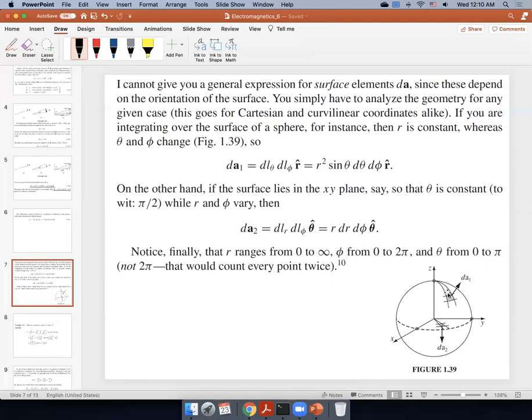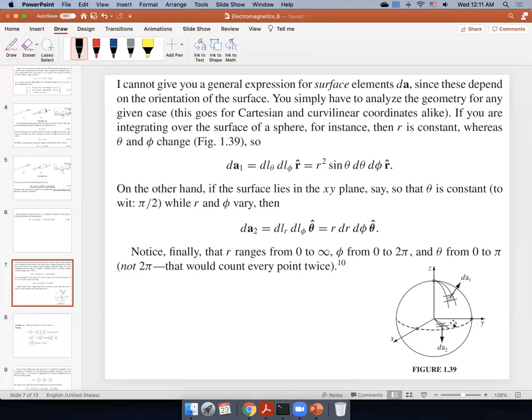Okay, this is one way to calculate the dA. So let's see another case of dA. If the surface lies in the xy plane, then theta is constant, at half pi, where r and phi vary. Okay, now let's see dA2 here.